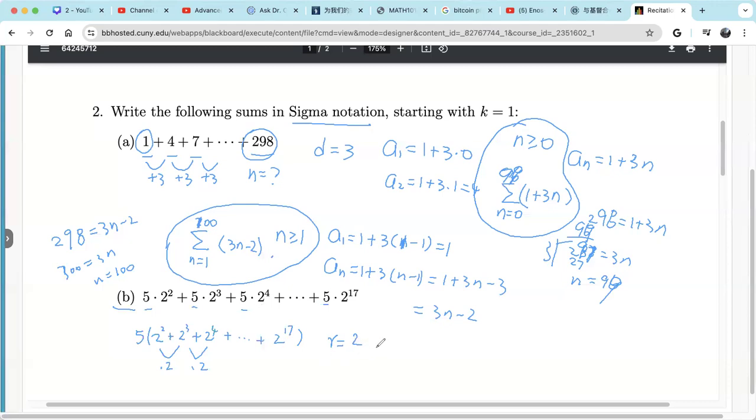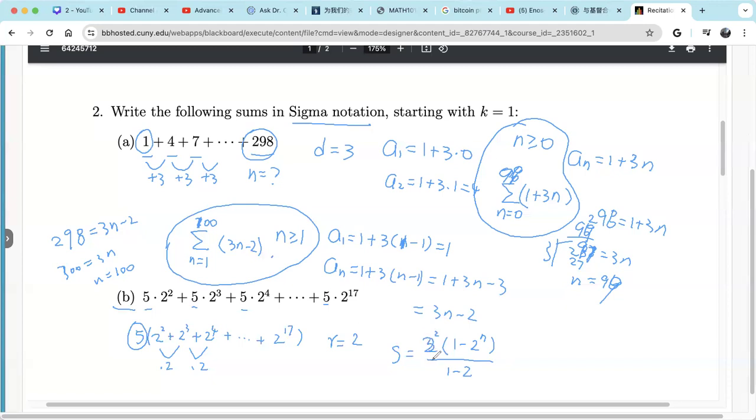Remember, we have a formula to find the sum of those, right? The sum equals the first term. The first term in this case is 5. Maybe we can just leave 5 for now. We're just calculating this geometric sequence first, right? So the first term will be 2 squared, which is 4, multiplied by 1 minus r to the n, divided by 1 minus r.